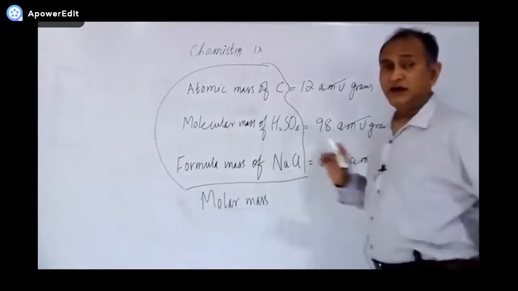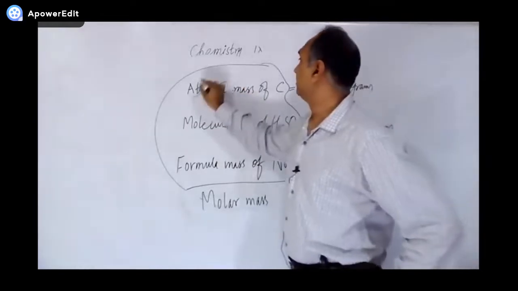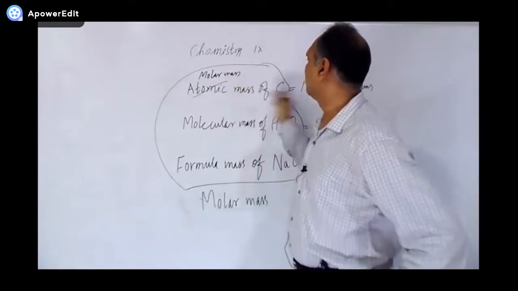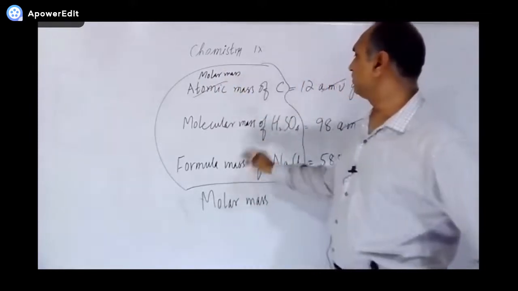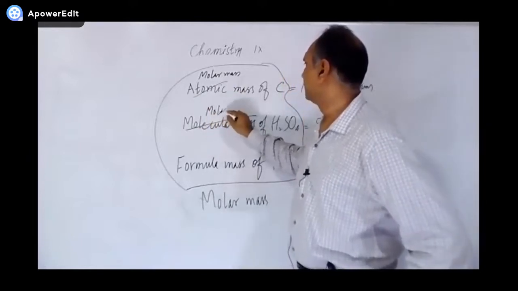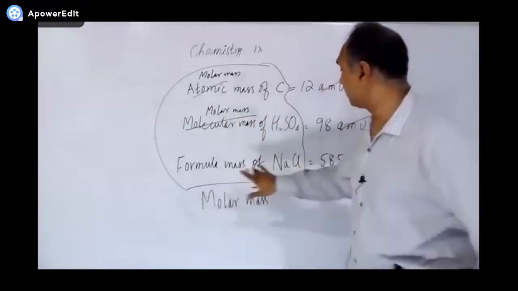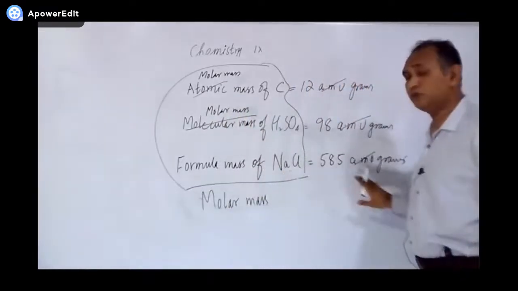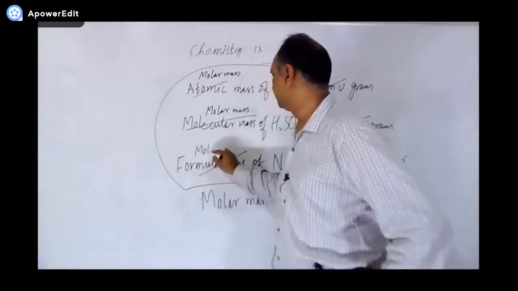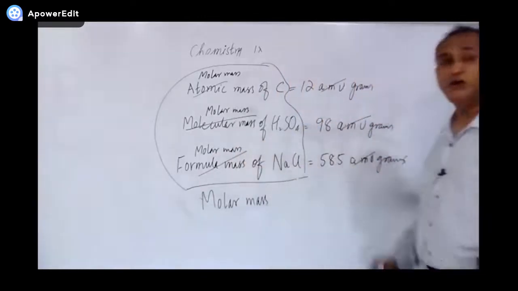It means it is correct to say atomic mass of carbon, or you can also say molar mass of carbon. It is correct to say molecular mass of sulfuric acid, or you can say molar mass of sulfuric acid. It is correct to say the formula mass of NaCl is 58.5, or you can say the molar mass of NaCl is 58.5.